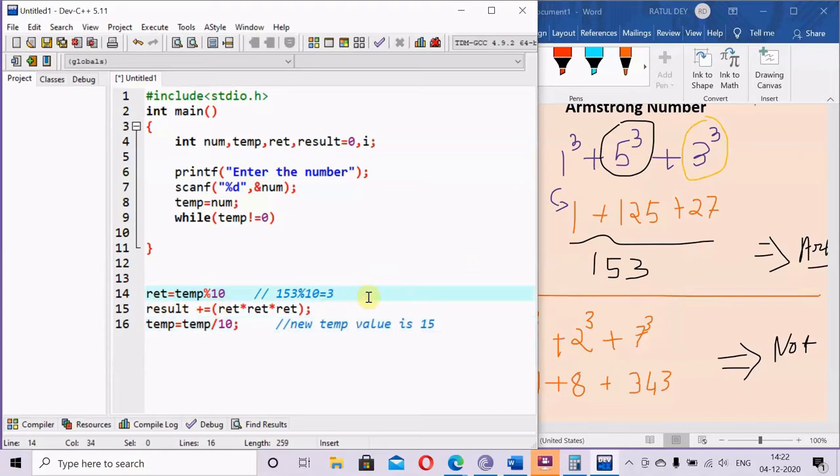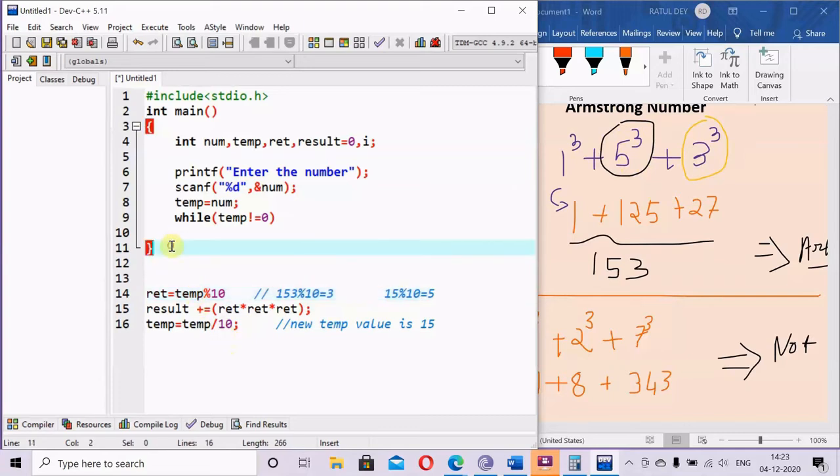So again, whenever the temp value comes back, it is 15. Next time you can use 15 modulo 10, and you get the remainder 5. So we have to do the same thing again. Yes or no? Yes, sir. So you can get the basic fundamental logic of this.